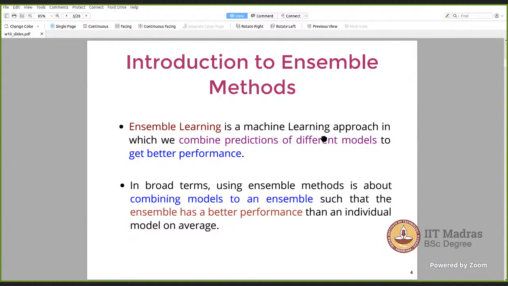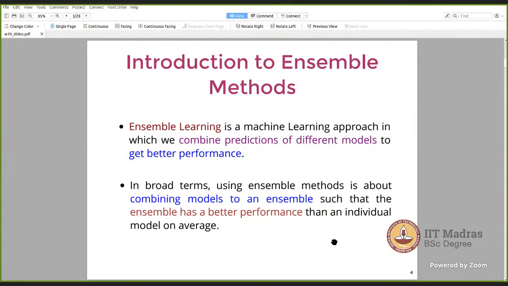They might be simple estimators, generally called weak learners or weak estimators. And then we combine the outputs of these different estimators in some manner, which we will talk about. And that aggregated output is used to make the final predictions. So that's the broad idea of ensemble methods.